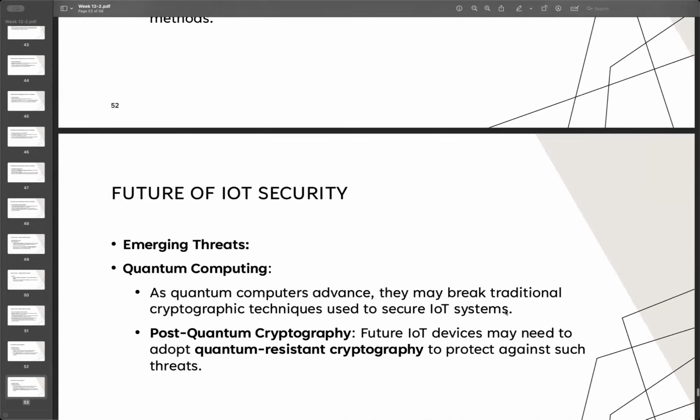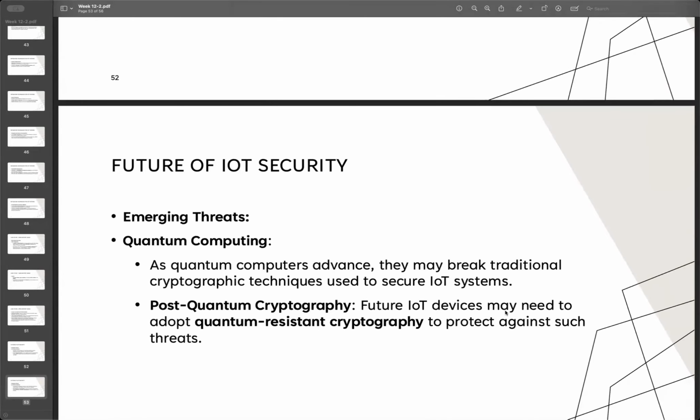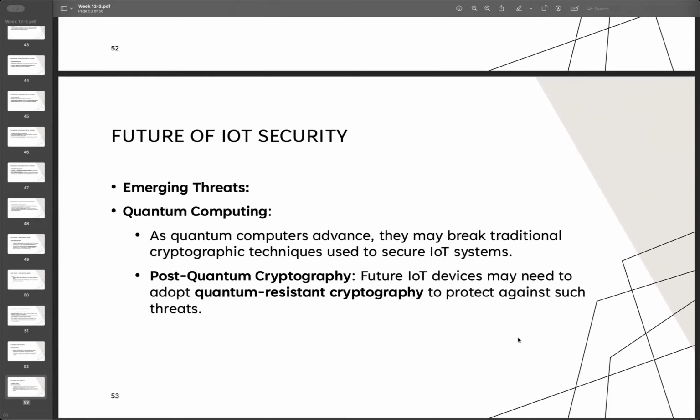Also coming up is quantum computing, a new topic we have to discuss. Right now we still don't have many things to talk about, but quantum computing may break the traditional cryptographic techniques used to secure IoT systems.